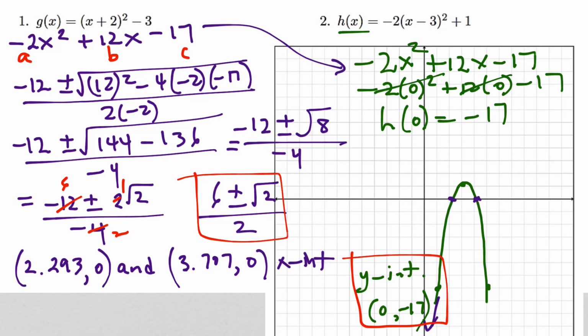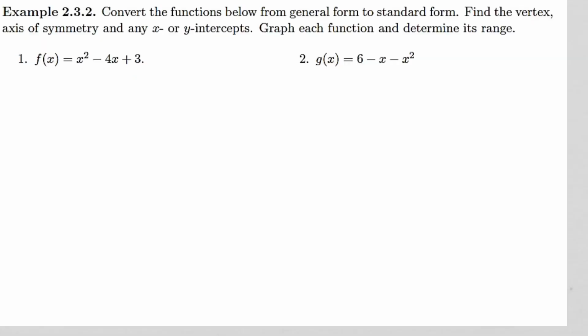All right, next. Okay, we're going to learn something a little new here called completing the square. And the reason we need to learn this new technique is to transform from general form to standard form, sometimes called vertex form. Okay, so the technique completing the square, I'll just go ahead and write it.